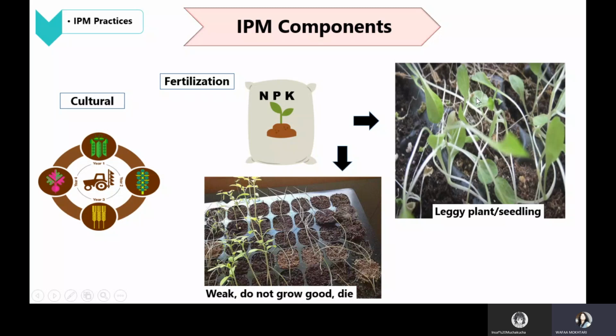And once they are tall, they fall down, and this makes them weak, and they cannot grow well, and most of the time they die. See here, most of the seedlings in a tray are dying because of this bad nutrition.